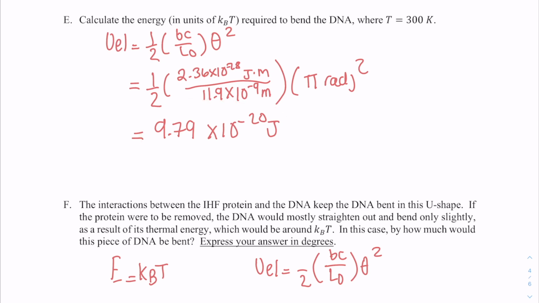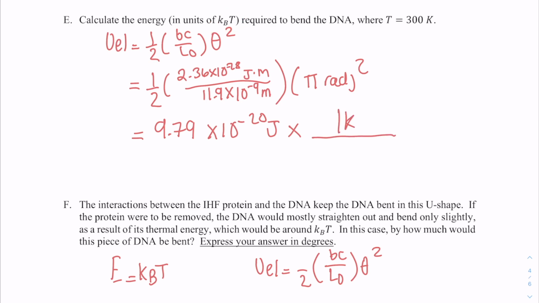And then we're going to have to take what this energy is and calculate it in terms of units of KBT, right? KBT is still going to give us an energy value. It's just that now we have to calculate how many KBTs is 9.79 times 10 to the negative 20 joules. So we multiply it by how many joules are in 1 KBT.